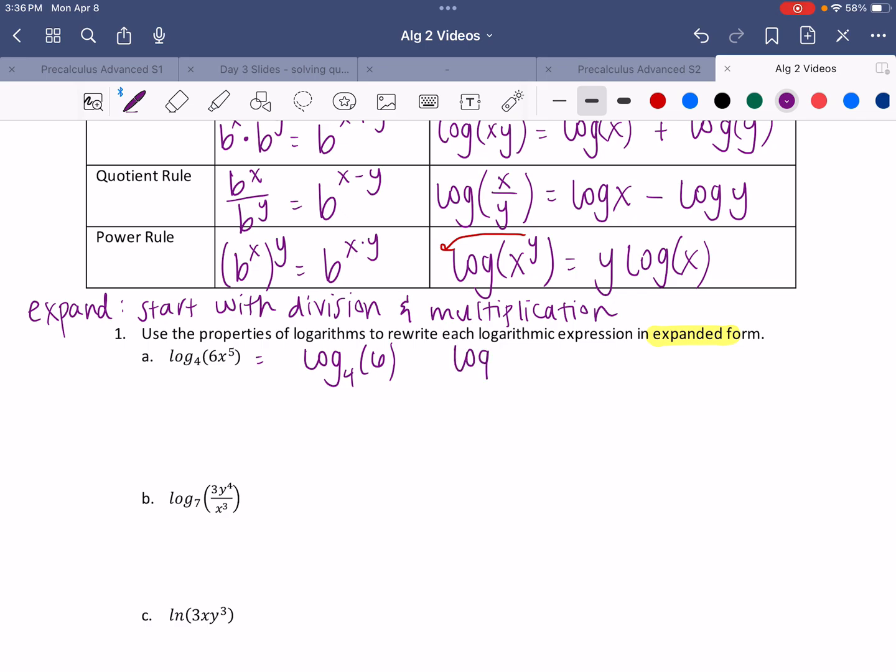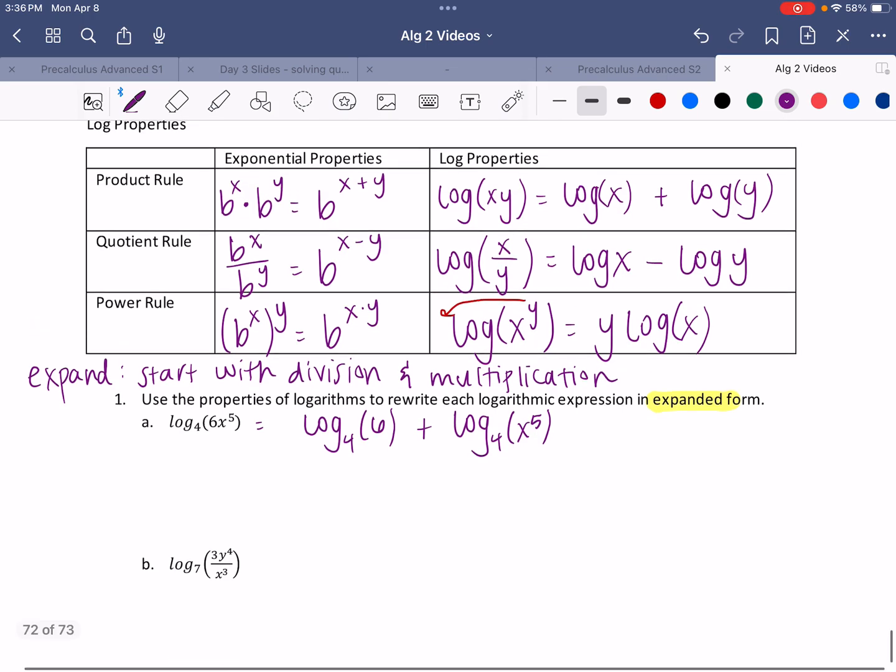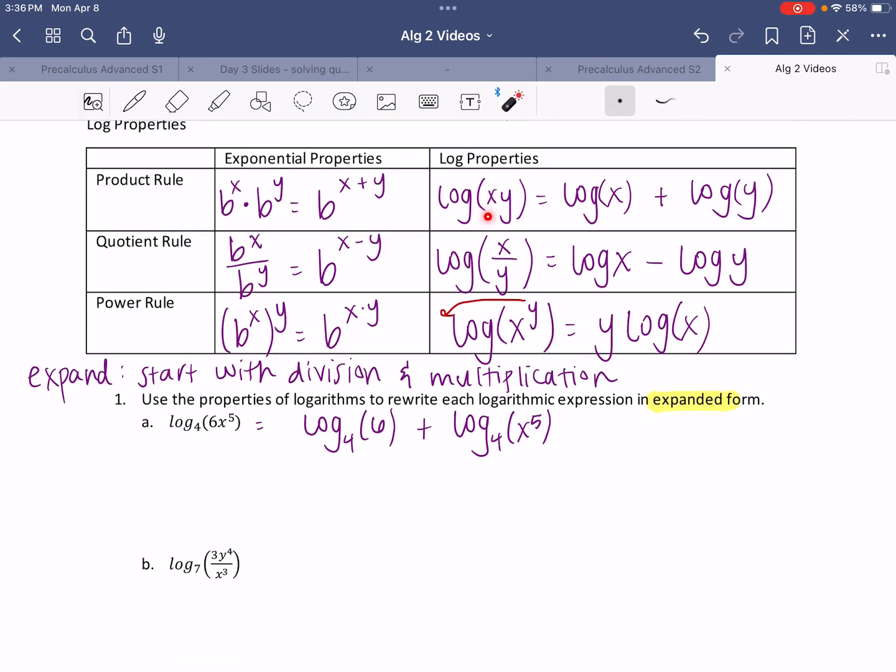I can separate it from log base 4 of x to the 5th. And when I do that, we're using the product rule. So when that argument is multiplying, we're separating the log into two separate logarithms that are adding.